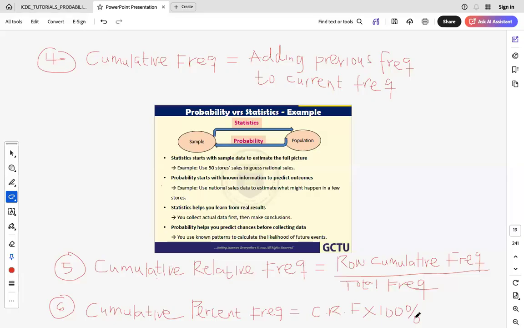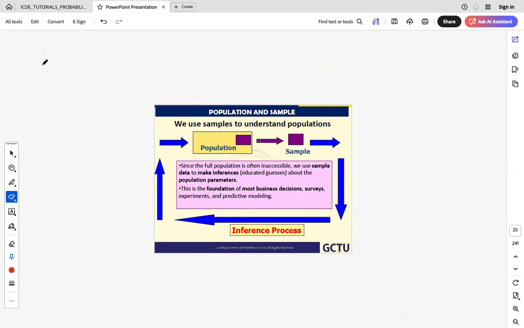If I'm to write them in order for you to see, this is what I said we are going to do.